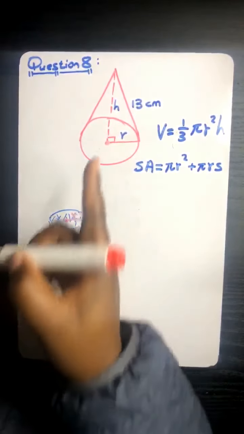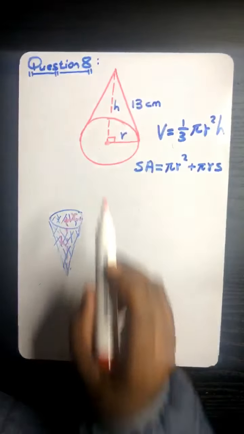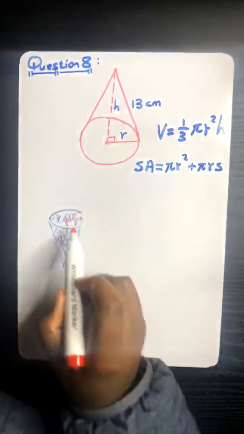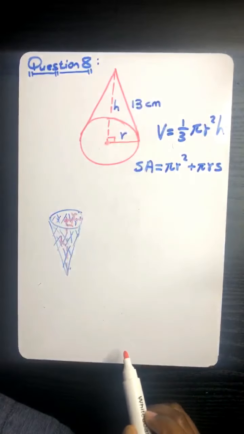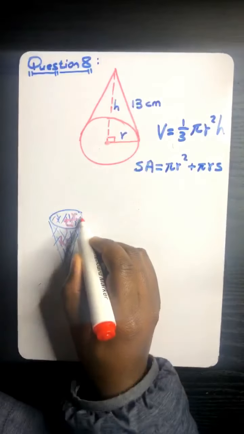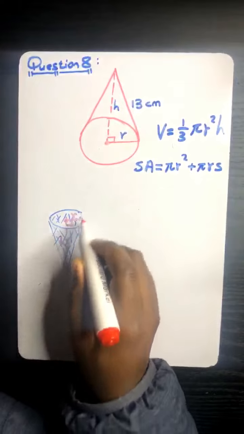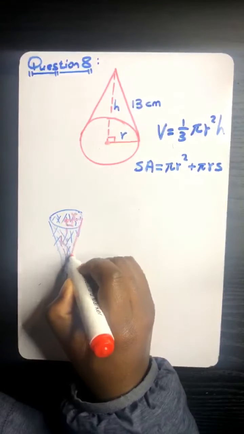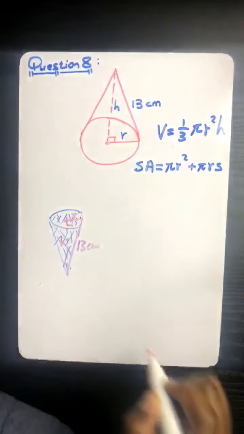This is that h. Remember, guys, there we have the 90-degree angle over there. So the slant height is actually the side of the cone, which is 13 centimeters.